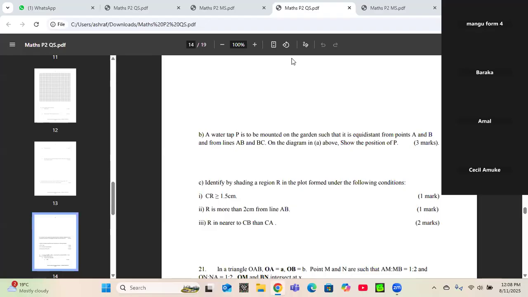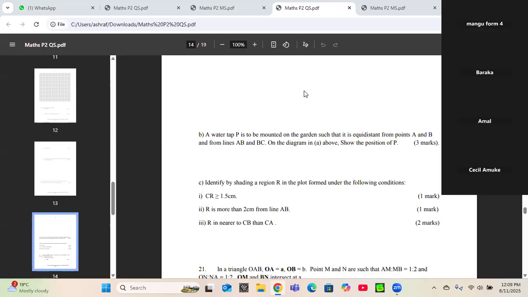Someone to try. The locus of points more than 2 centimeters from line AB is which locus? Yes, Somi? Unmute yourself and answer.